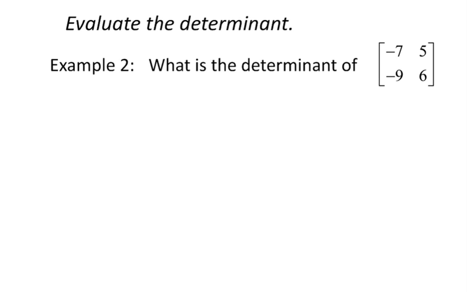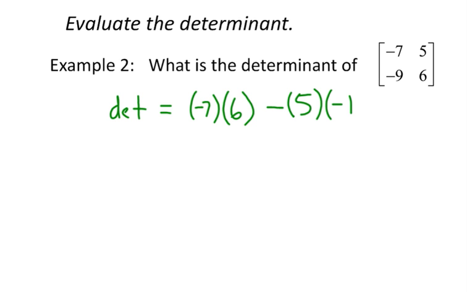So we're going to go ahead and evaluate this matrix, find the determinant. So the DET, we'll just call it determinant, is equal to negative 7 times 6 minus 5 times negative 9.